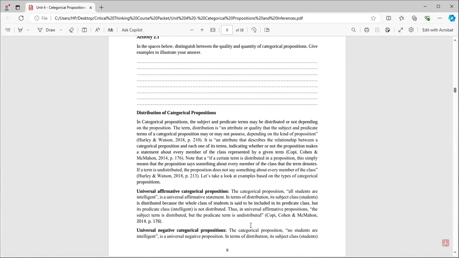At the same time, all members of the class of intelligent people cannot be found in the class of students. The no is going through all of them. So in this case, with universal negative proposition, the subject class is distributed, the predicate class is also distributed.